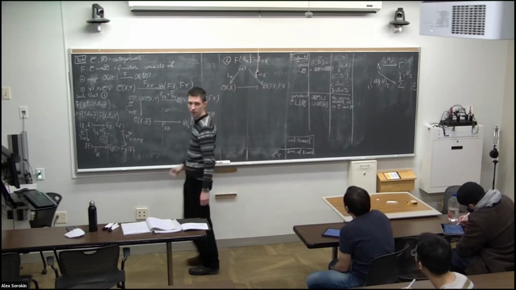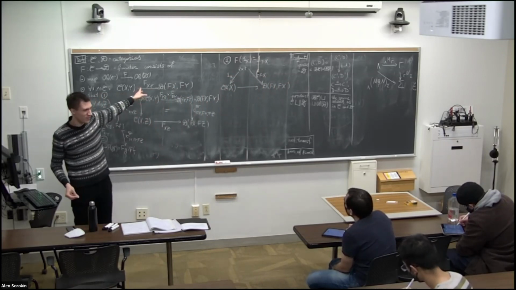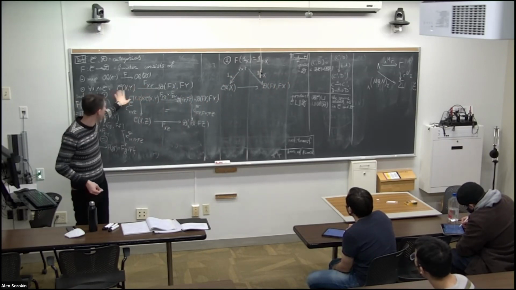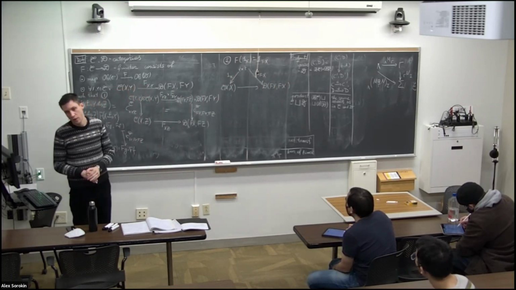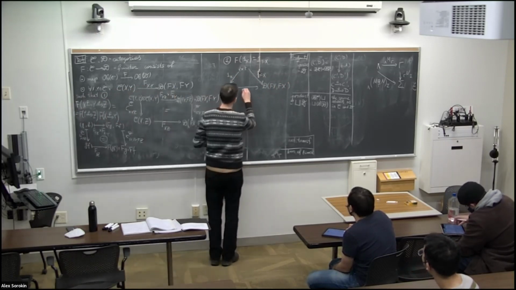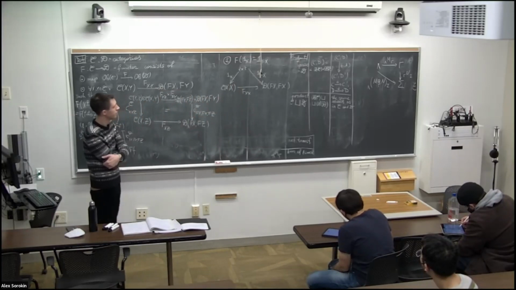And between them lives our old friend, the component of the functor for X and X. And this square commutes.